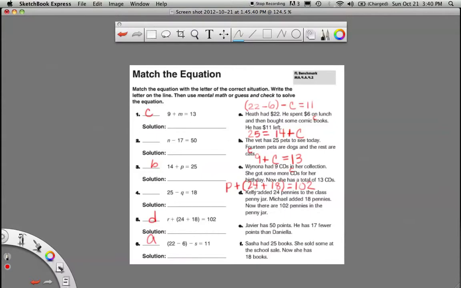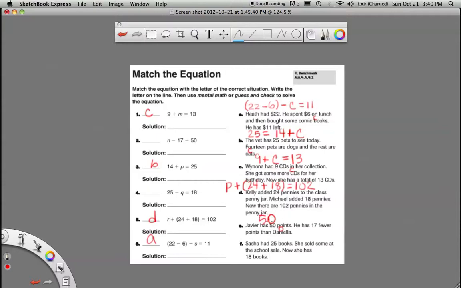All right, moving on to E already. Javier has 50 points. Man, my pen's going real slow today. He has 17 fewer than Daniela. 17 fewer than Daniela. We don't know how many Daniela has, so I'll just say D for her amount of points.